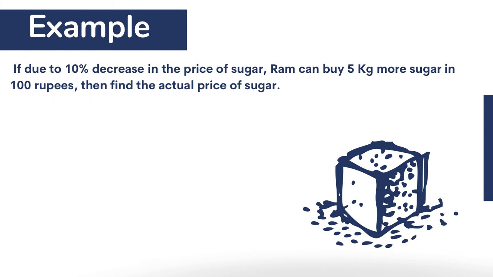So first I am doing this by method, then after we will do it by formula. So by method, what can I say? The fraction value of 10% is 1 by 10, right? So if this 10 is the actual sugar price, then after the price is decreased by 10%, I can say the reduced price is 10 minus 1 equal to 9.